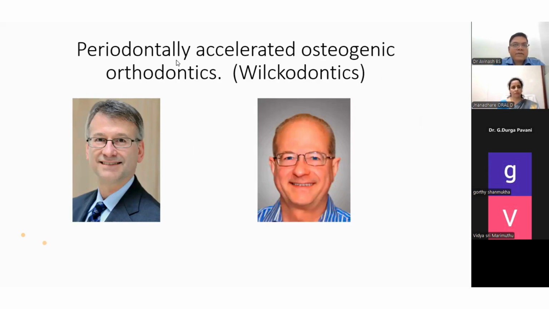They came up with a concept called periodontally accelerated osteogenic orthodontics, popularly known as Wilckodontics. These two brothers developed a procedure wherein we can do a periodontal procedure which can fasten the orthodontic treatment and reduce the treatment duration.